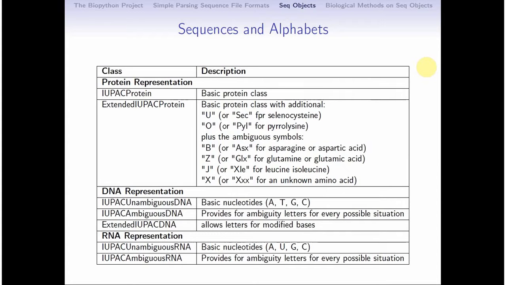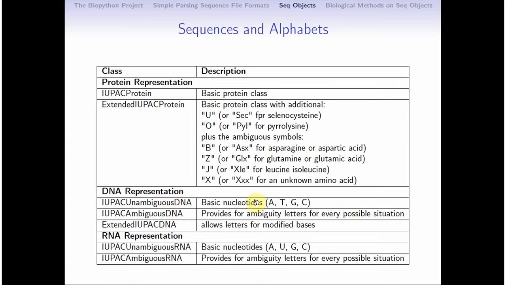So these are a few I summarized for you. For protein representation, IUPAC protein is the basic protein class, or the letters. Extended IUPAC protein includes U, O, B, Z, J, and X, so it gives you additional letters as compared to the basic letters. For DNA representation, there are three: IUPAC unambiguous DNA, ambiguous DNA, and extended.